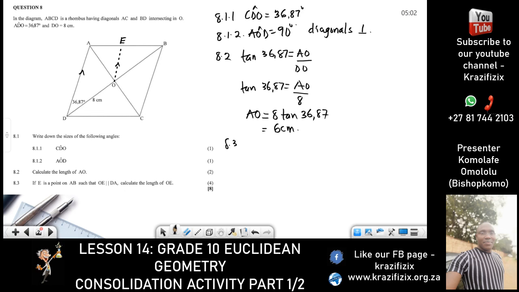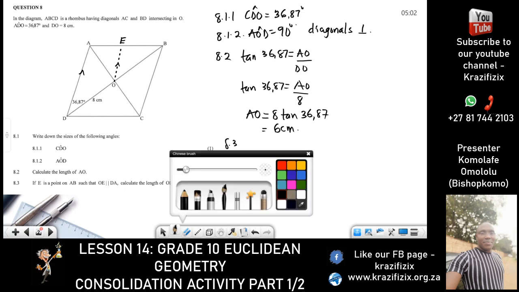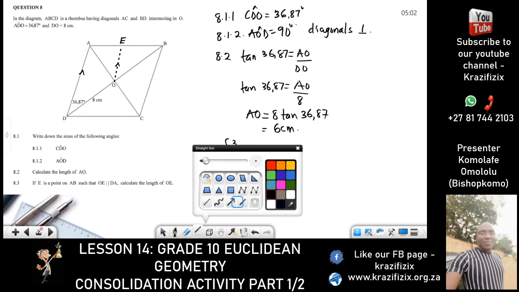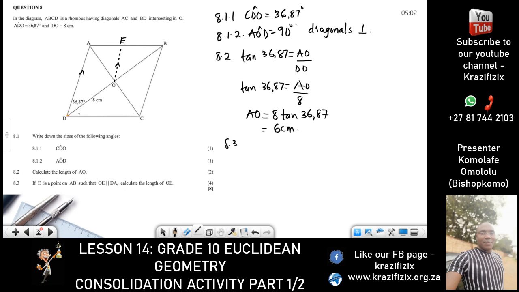Oh, I see something here. We are told that E is the midpoint. Look at what I see. I see a triangle. Do you see a triangle there such that OE is parallel to AD, and this is the midpoint?